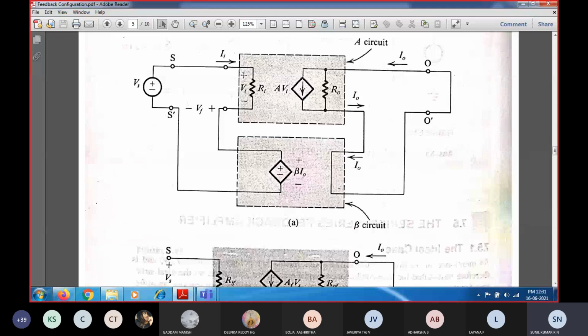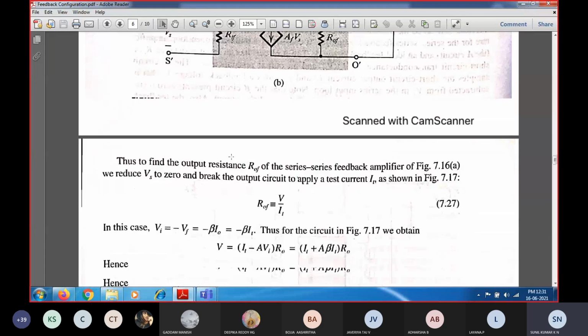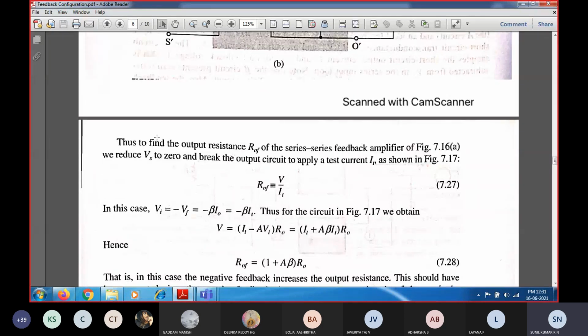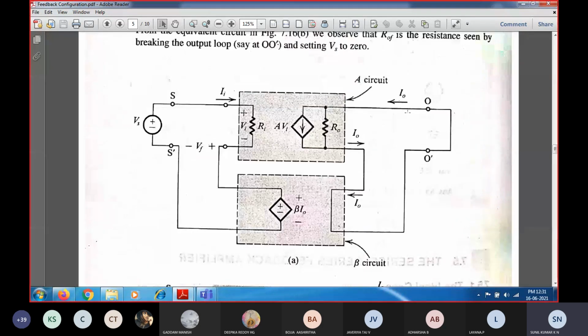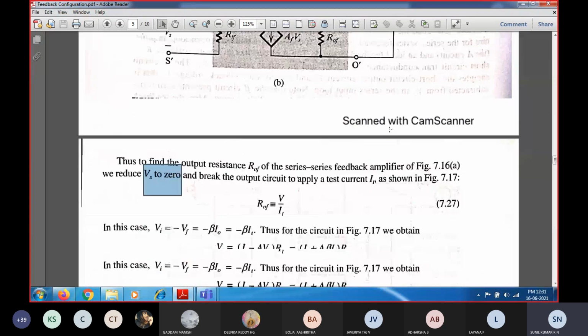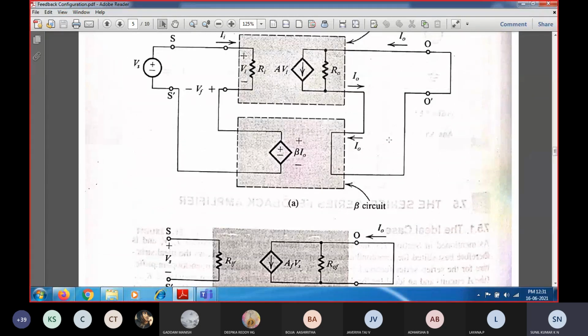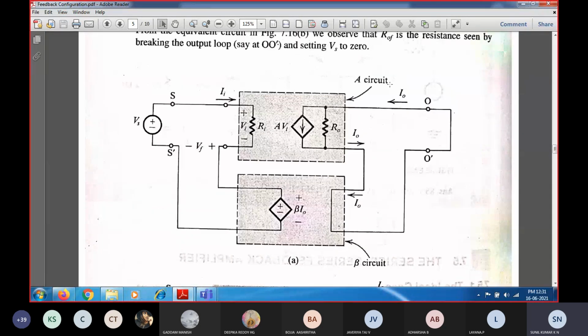Now if I need to find out the output resistance, how are we going to make it? Set the input signal to 0, so Vs to 0, and connect a source at the output. Since the output is a current source, I need to connect a test current source instead of a voltage source, because the transconductance amplifier output is nothing but a current.